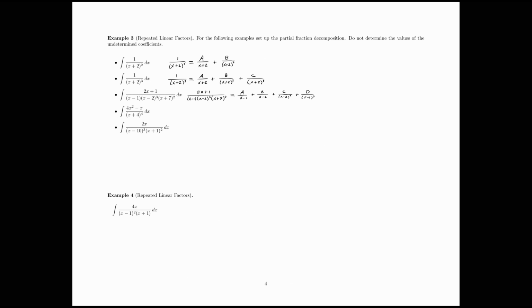So we have the distinct linear factor contribution, the 3 factors that we get contributed from the x minus 2 to the third term. Now for this other repeated linear factor, x plus 7 squared, that will contribute 2 more factors, x plus 7 and x plus 7 quantity squared.